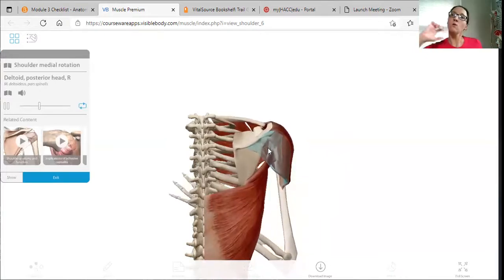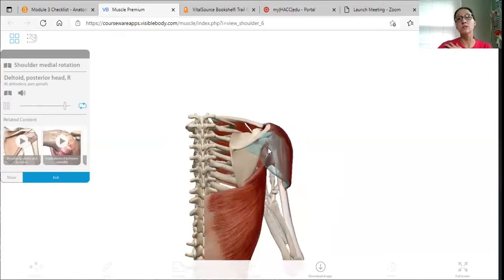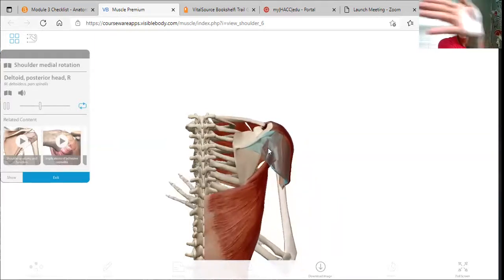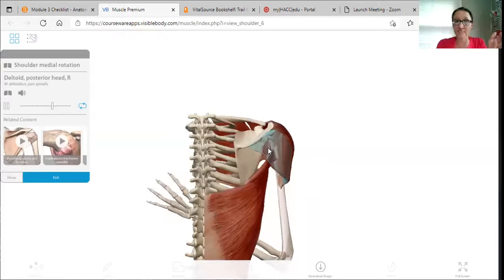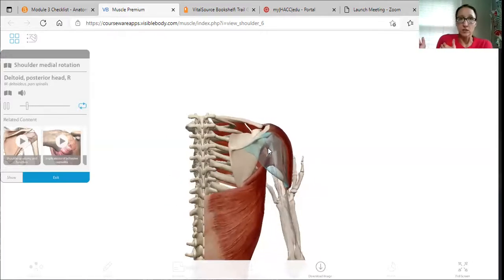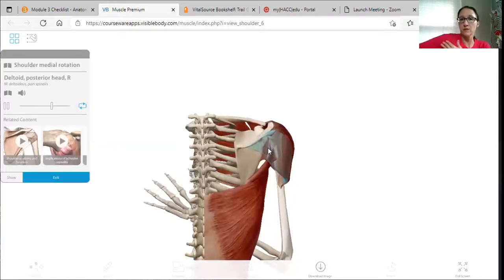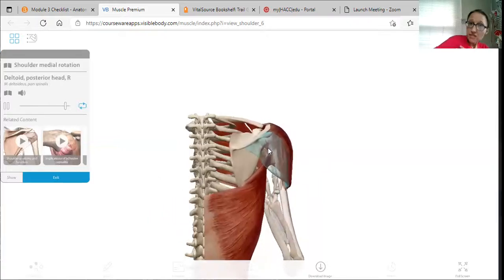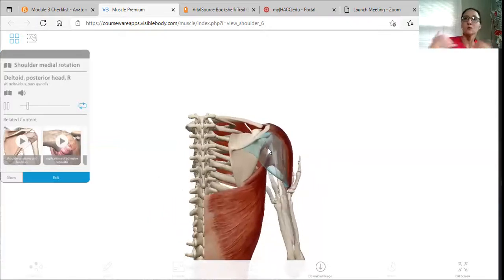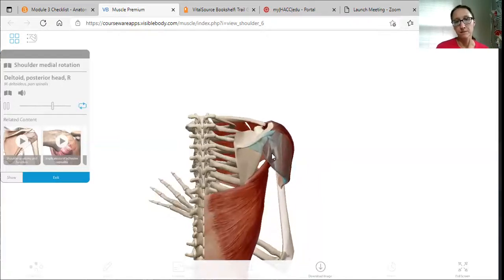If it would wrap all the way around the back of the humerus and attach in the front, well, then it would certainly be lateral rotation, but because it comes up between the scapula and the humerus and kind of makes a left turn at Albuquerque and inserts on the anterior humerus, it actually pulls the anterior humerus into medial rotation as the humerus goes towards the midline of the body, okay?